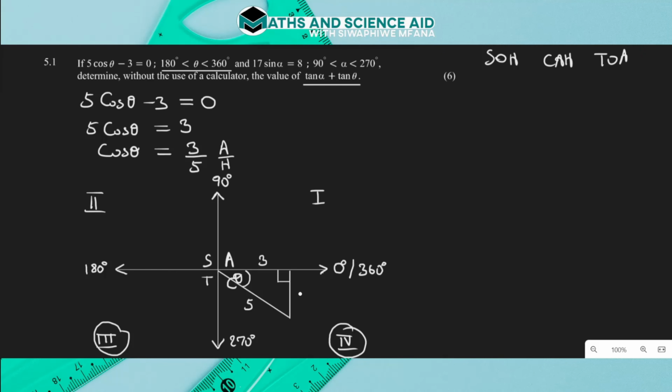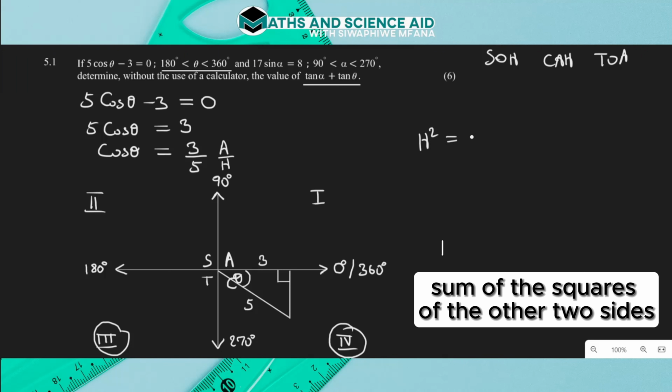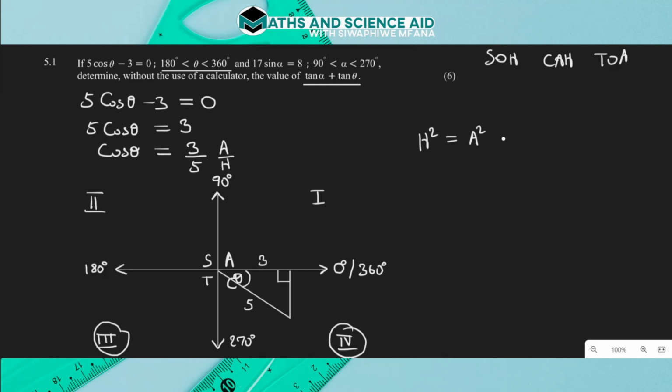And now we need to work out the opposite side. And to do that, we can just use the Pythagoras theorem. So from Pythagoras theorem, we know that the hypotenuse side squared is equal to the sum of the squares of the other two sides. And in this case, we can call them the adjacent side and the opposite side.